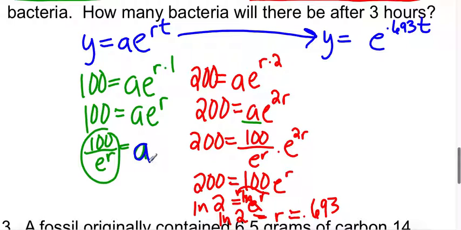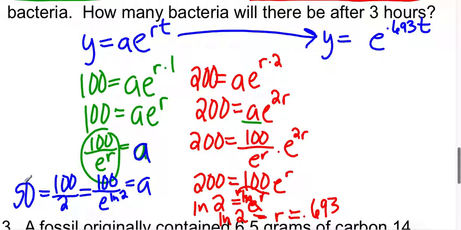See, we have a equals 100 over e to the r. So we already know what r is. We just found out. It's 100 over e to the natural log of 2, or the 0.693. E to the natural log of 2, the e and the natural log kind of cancel each other out. So this is 100 divided by 2. So a is 50.